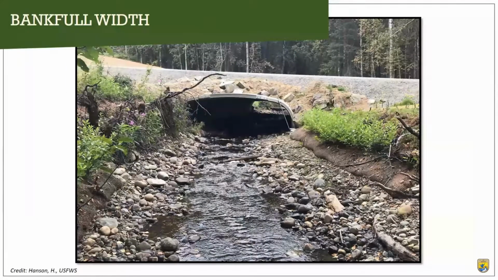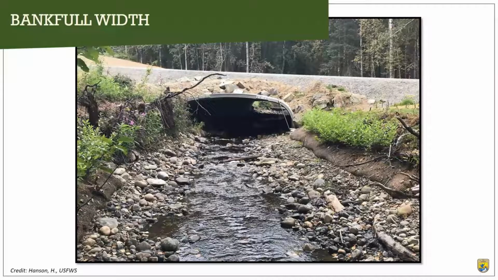Here's another bankfull width culvert. The low flows stay on the surface, or are staying on the surface in this culvert, which is great. This picture was taken in 2019, a year after this culvert was constructed. And as you know, 2019 was a drought year, super dry conditions, lots of streams going dry all over the place.